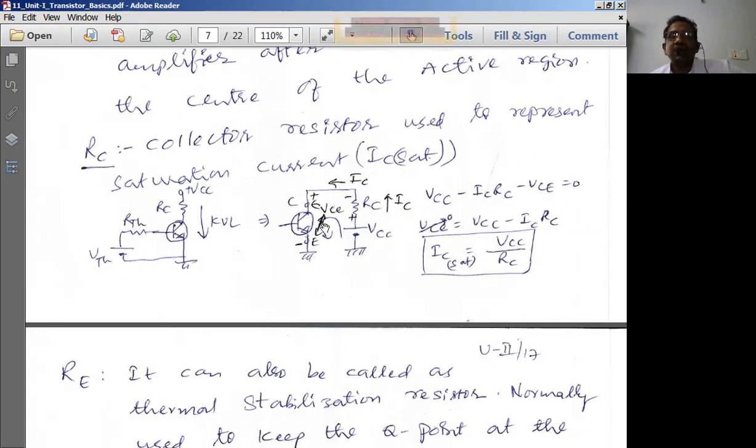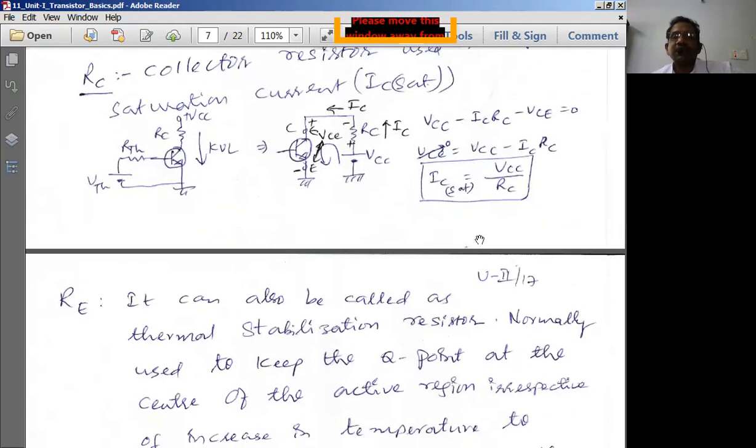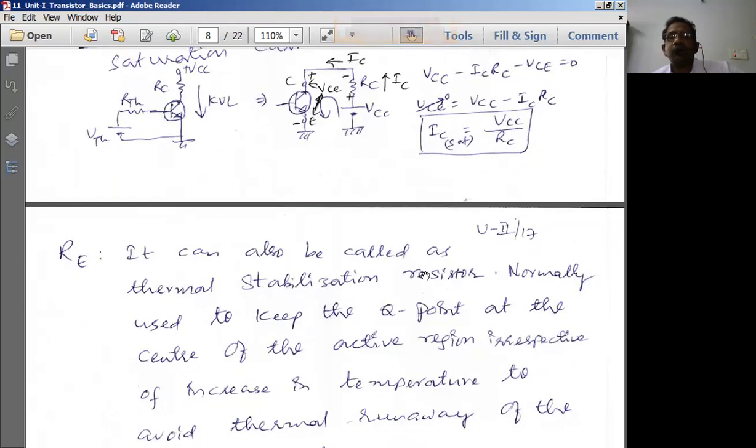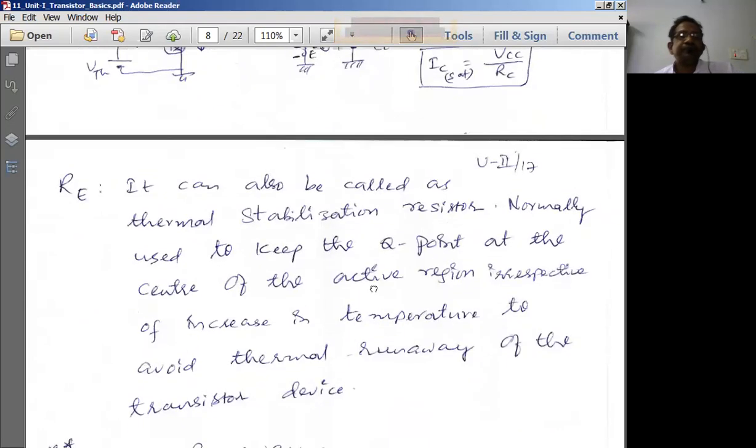If a saturation current, the maximum current, is flowing through the circuit, then VCE becomes equal to 0. Therefore, IC sat equals simply VCC by RC. That is the maximum current that can flow through the circuit, whatever the input signal we apply. It is the maximum cutoff current that can flow through the circuit.